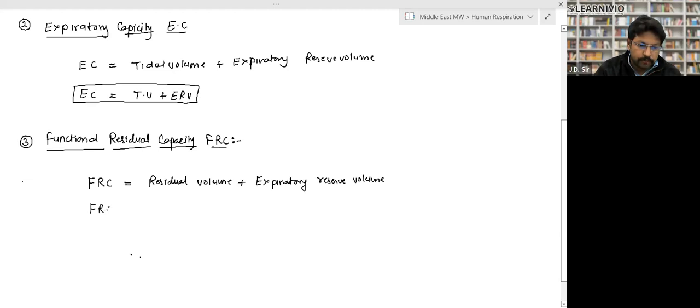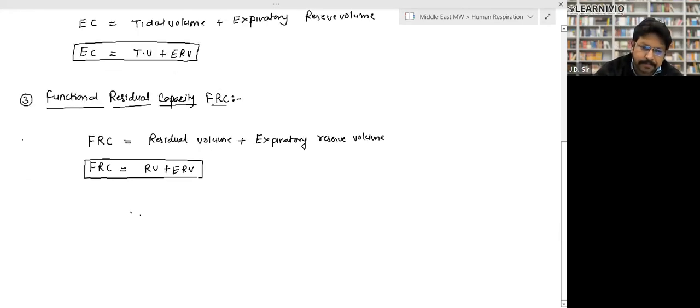So FRC is equal to RV plus ERV. That is called functional residual capacity. Is it clear?